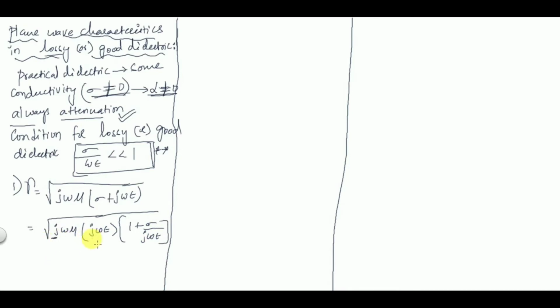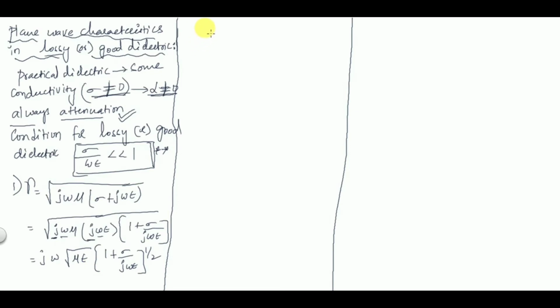So this is j into j square; I write j square out of the root, and root of j square becomes j. Omega into omega square, out of the root it will be omega, root of mu epsilon into 1 plus sigma by j omega epsilon, whole to the power of 1 by 2.